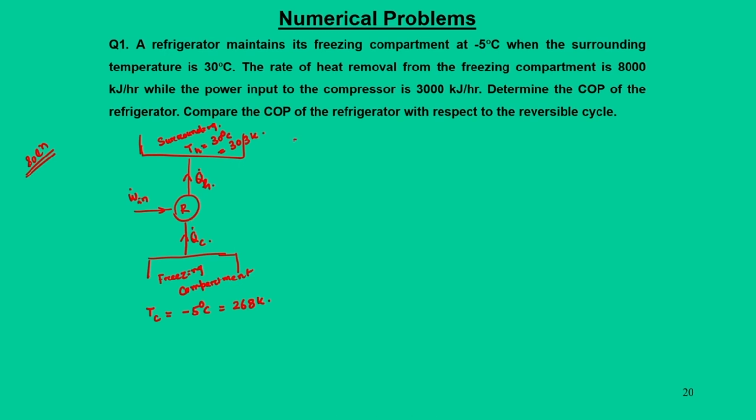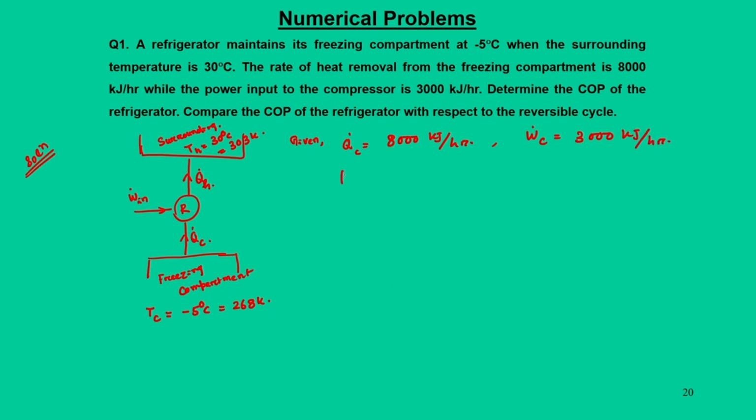So, what is given here? QC dot, the amount taken from this freezing compartment, is 8000 kilojoule per hour, and what is the power input that is given to the compressor? W dot C is 3000 kilojoule per hour.